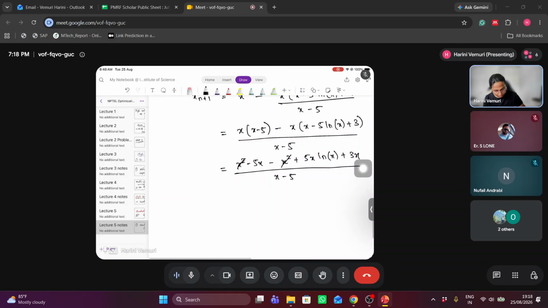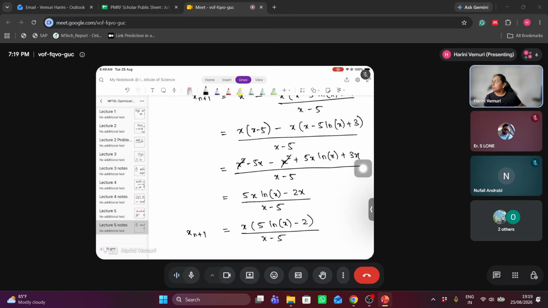So that's equal to (5x ln x minus 2x) by (x minus 5). Taking x out, it's x into (5 ln x minus 2) by (x minus 5). So this is x_{n+1}.